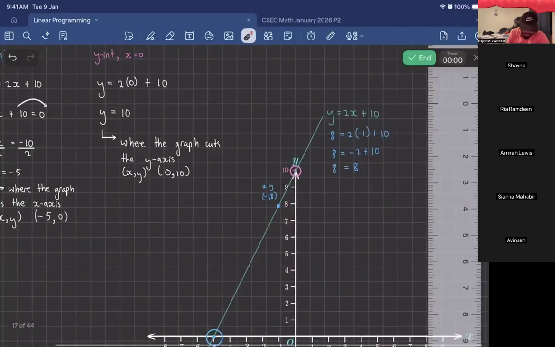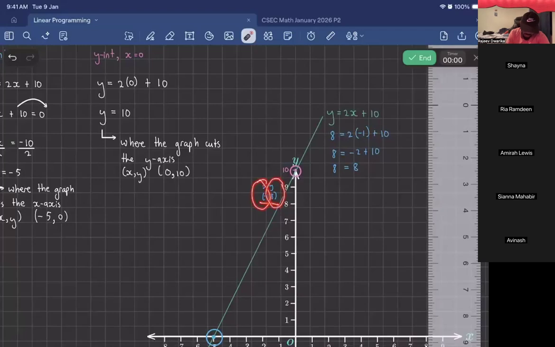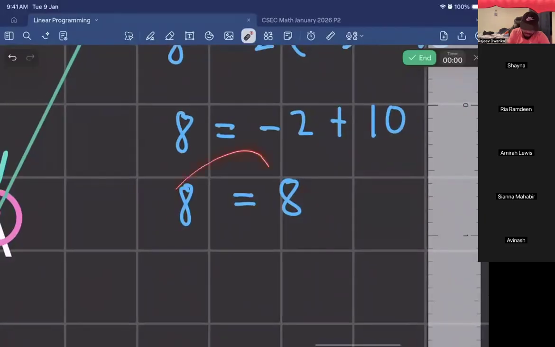So Amira, what I did, right? I picked this point. My x value is -1, and my y value is 8. If you were to plug it into this, right? Anywhere you see y put 8, anywhere you see x put -1. Watch. We actually found them to be what? Less than, more than, or equal? You tell me.